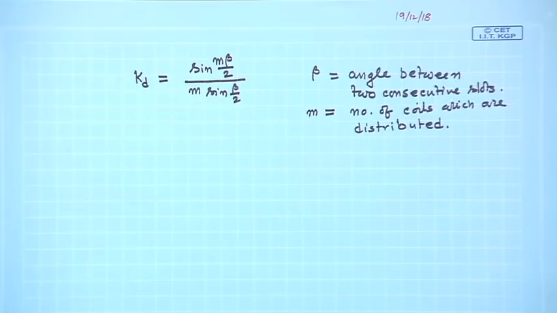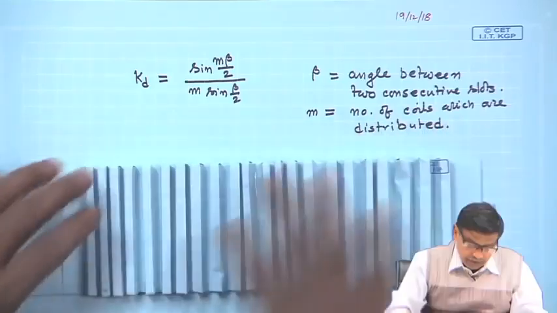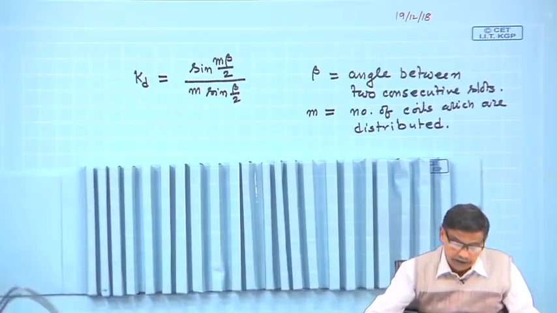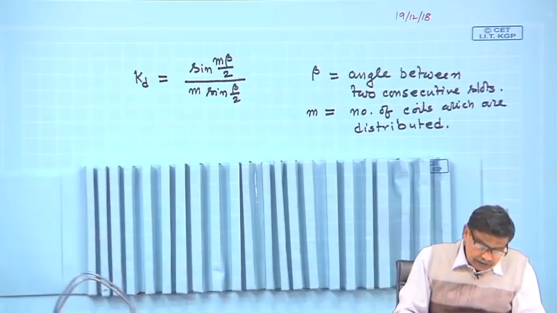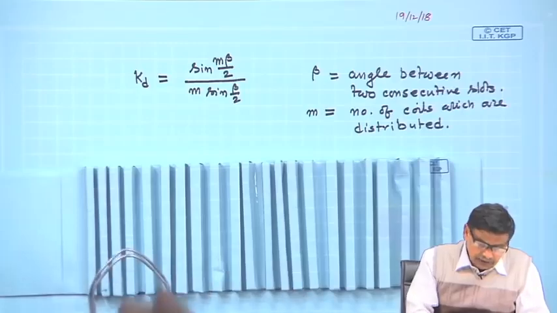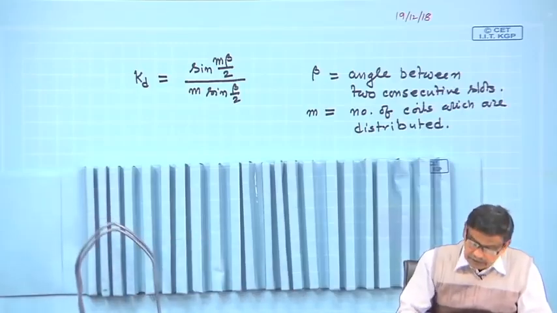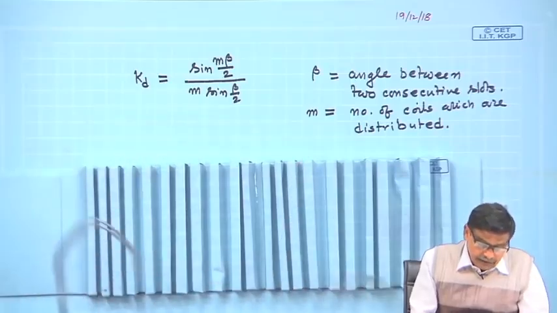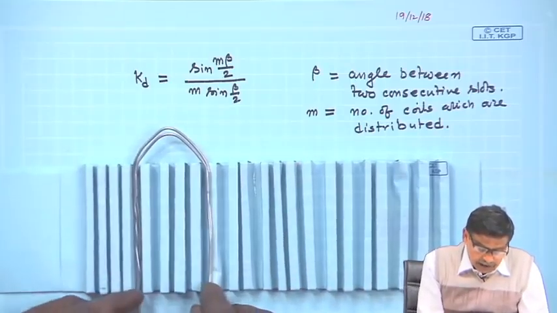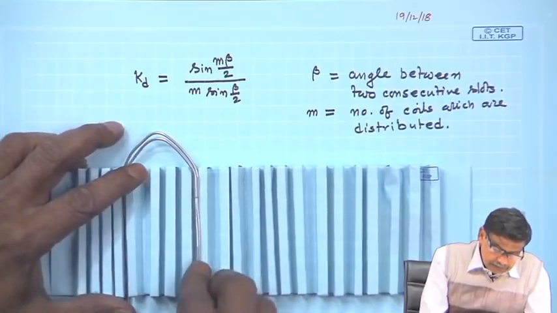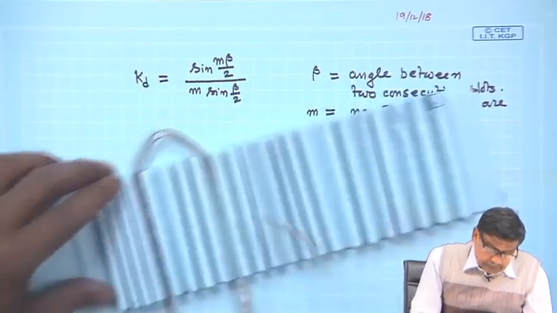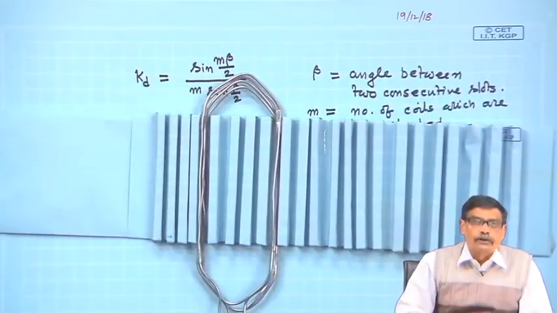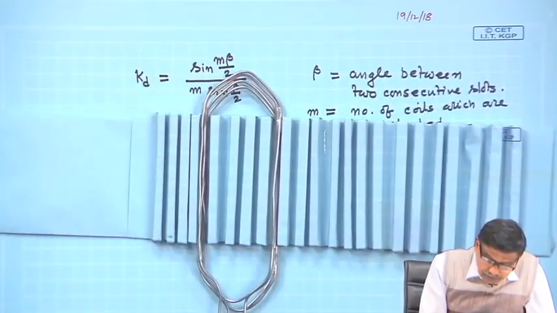It means that if you have slots here, and suppose 2 coils, each having 2 turns, you could accommodate them in one pair of slots only, and then connect these 2 coils in series.